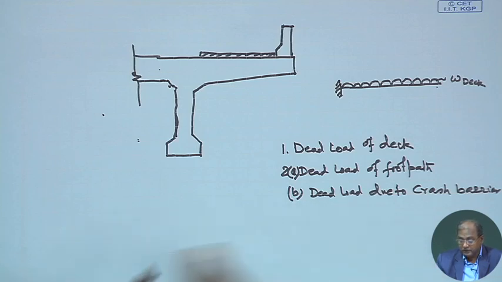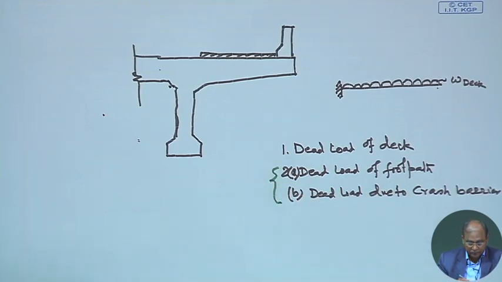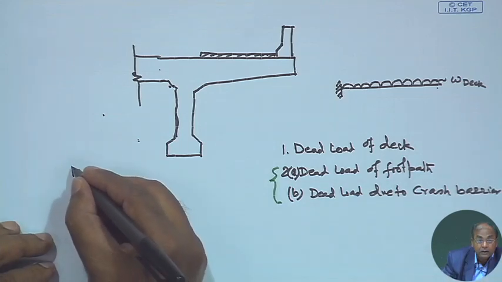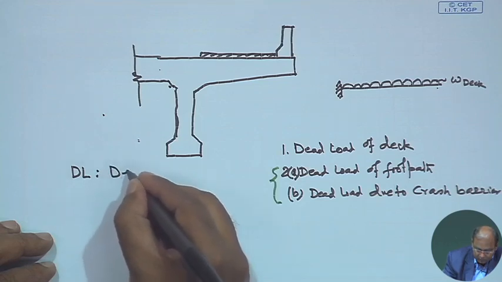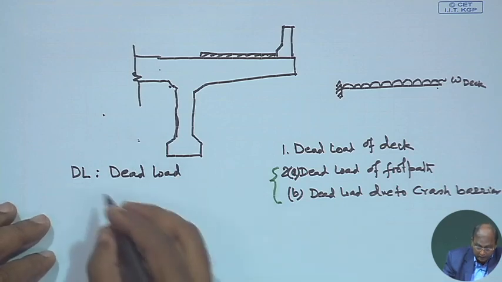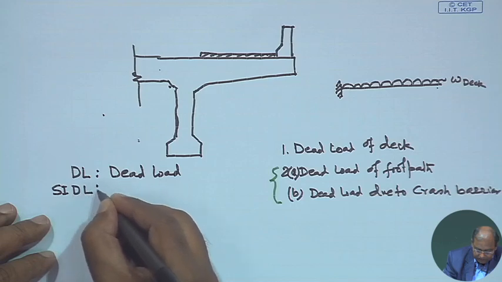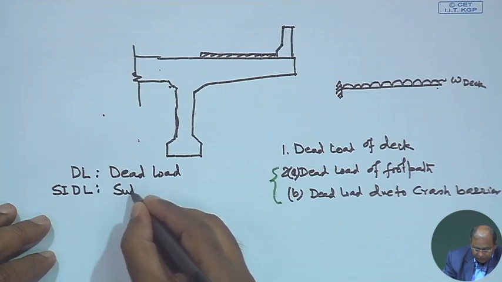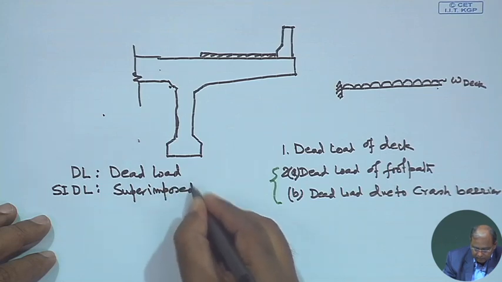Now, we have something, the names that we should tell you here. One we call DL, means dead load. Another one we call SIDL, superimposed dead load.